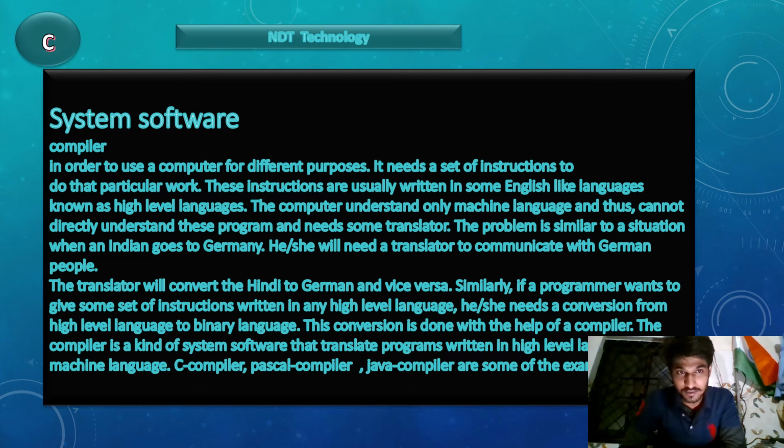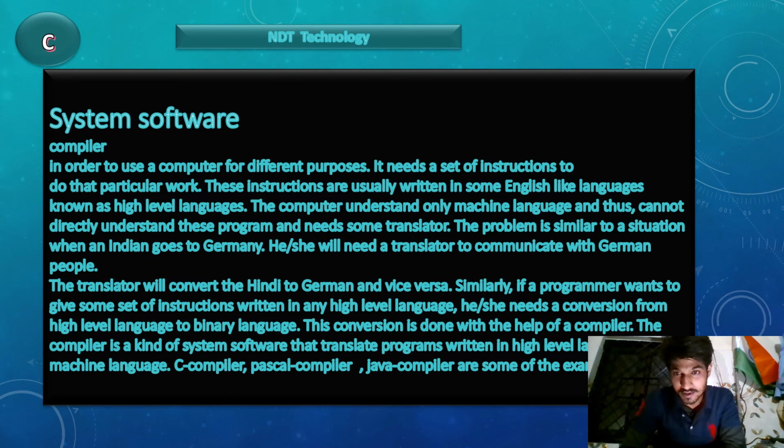Alright, in order to use a computer for different purposes, it needs a set of instructions to do a particular task. These instructions are usually written in some English-like language known as a high-level language. The computer understands only machine language and thus cannot directly understand these programs and needs some translator. The problem is similar to a situation when an Indian goes to Germany. He or she will need a translator to communicate with German people. It is the same here.